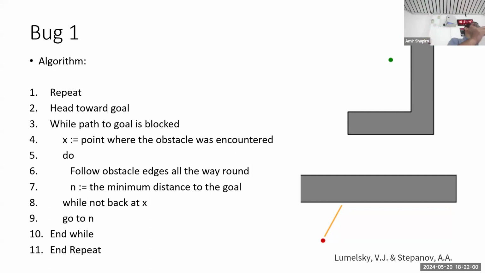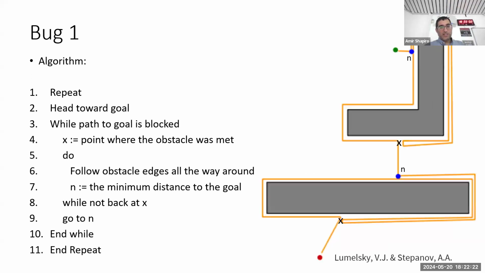When it finds the point on the boundary of the obstacle that is closest to the target, then go back there, leave the obstacle there and go directly to the target. And if it hits another obstacle, do it again. This is the idea. So let's see.